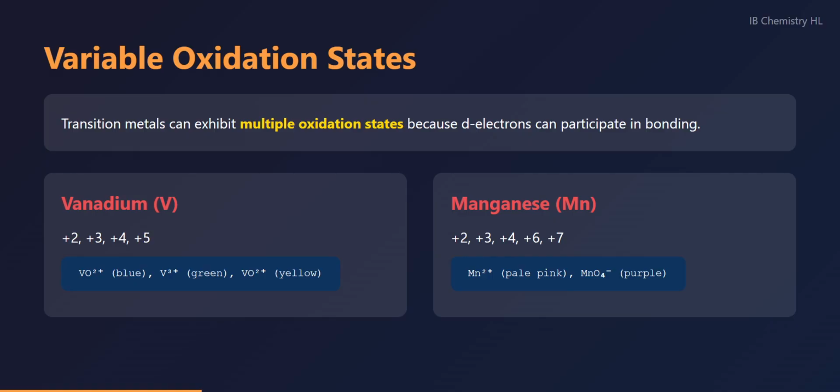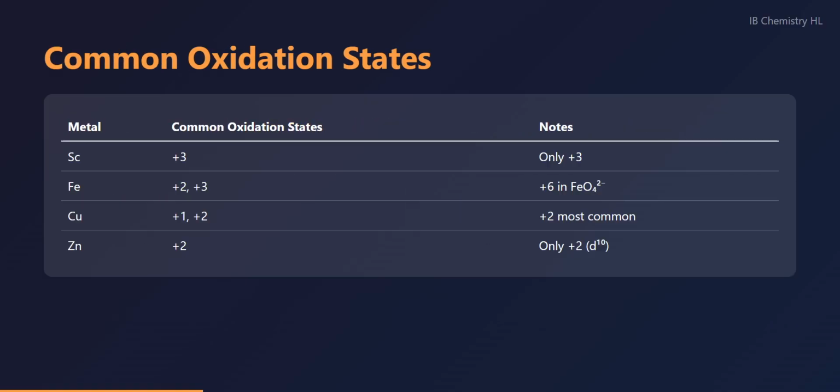One of the most important features of transition metals is their ability to exhibit multiple oxidation states. This is because the d electrons can be involved in bonding. Let us look at some examples. Vanadium can show oxidation states from +2 to +5. Manganese shows states from +2 to +7.